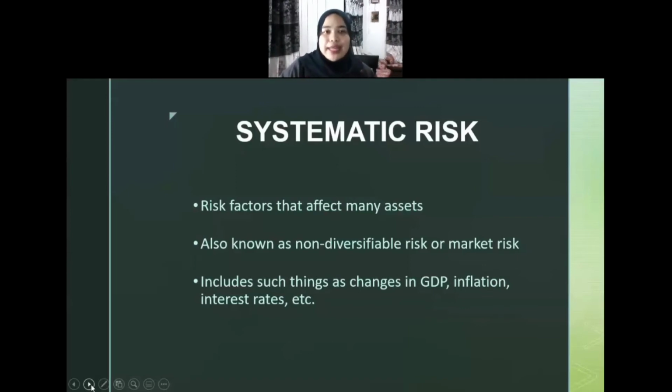It is also known as non-diversifiable risk or market risk because it cannot be eliminated by diversification. For example, changes in GDP, inflation, interest rates, war or COVID-19.